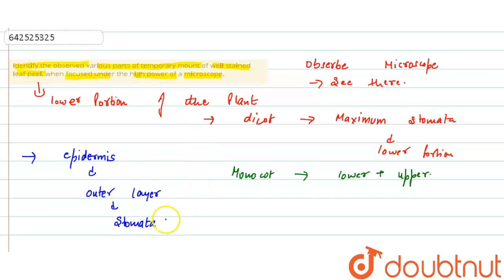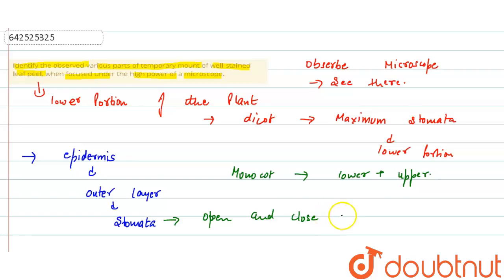Stomata can open and close. That depends upon the presence of sunlight as well as the plant itself.